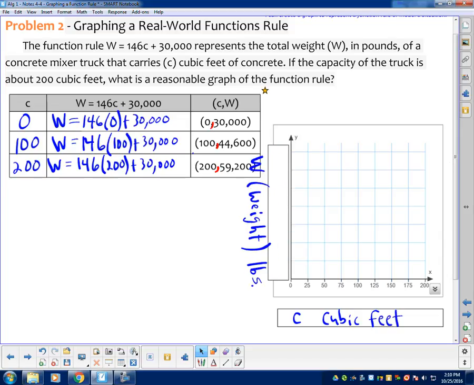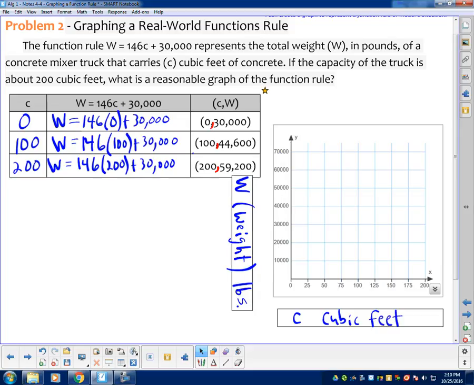What do you think on the y? How should I scale the y? Any ideas? 50? Well, it's got to go all the way up to 59,200. Let's see what happens here. I started at 10,000 and went up by 10,000. It looks like it covered it up, huh?